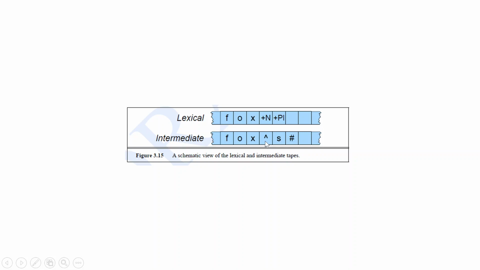But the actual input is foxes, right? So whatever is on this tape is some intermediate form only. So you need an actual transition from the actual input foxes, which has to be read by another transducer, and you generate this intermediate version, and this intermediate version will be read by another transducer, and this lexical version can be generated.